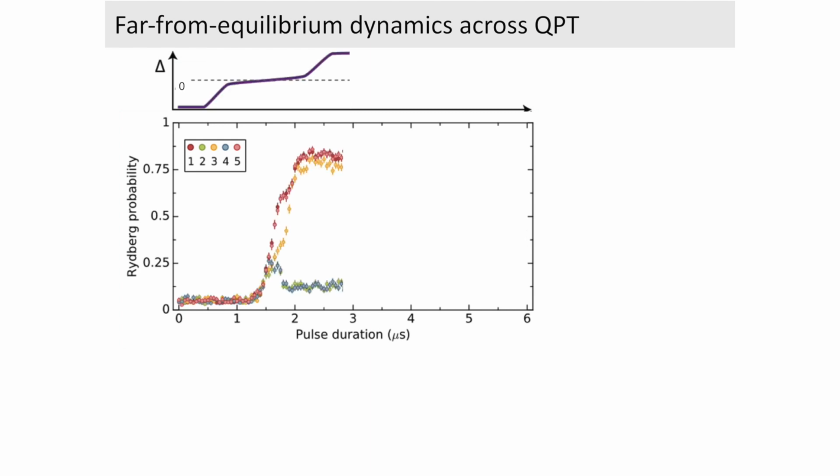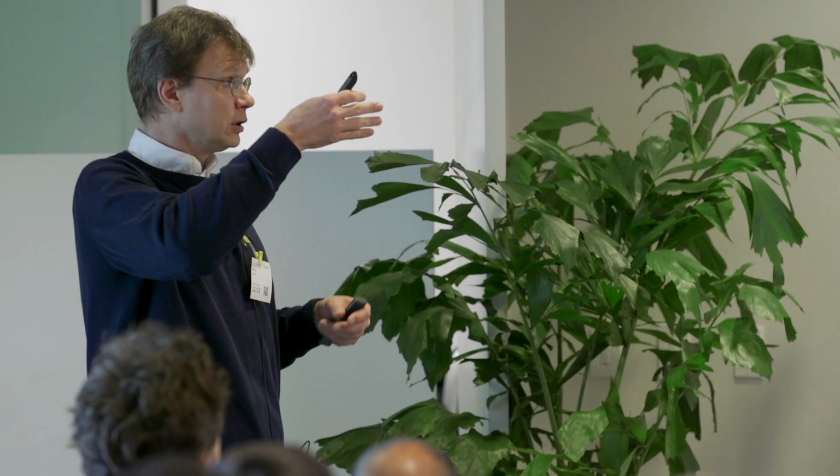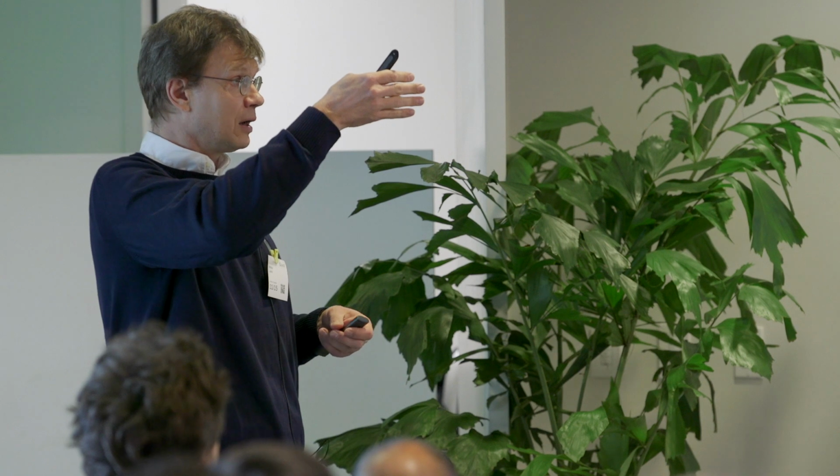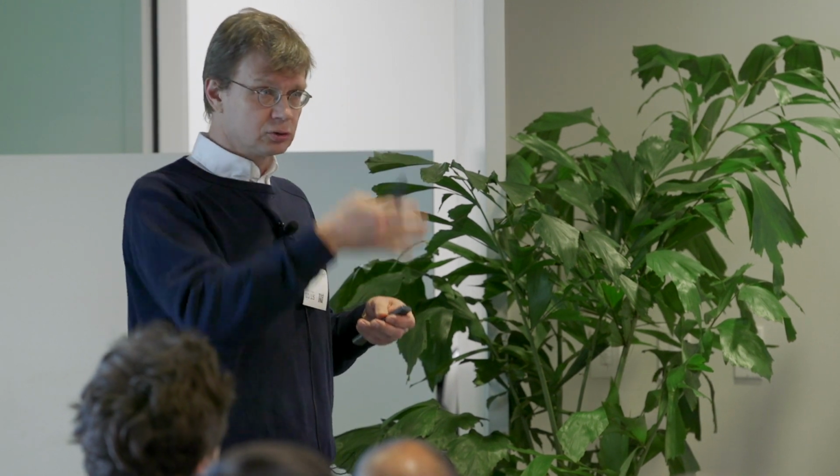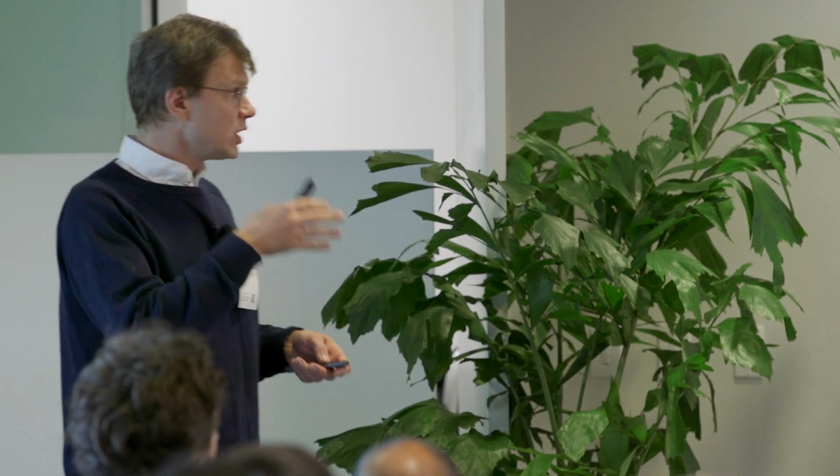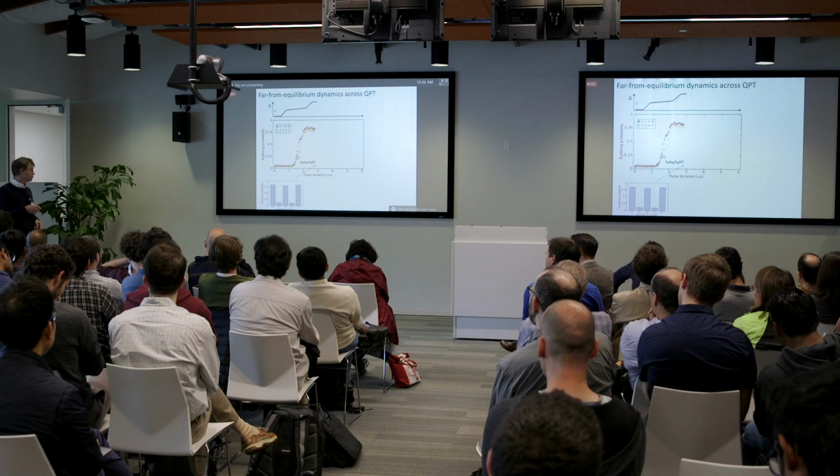We first went one way adiabatically, and in that way we prepared this up-down state. Then, instead of stopping there, we made a rapid change of parameters, a so-called quantum quench, just across the phase transition. The idea was initially to just study how the system behaves, find the time scale and so on.